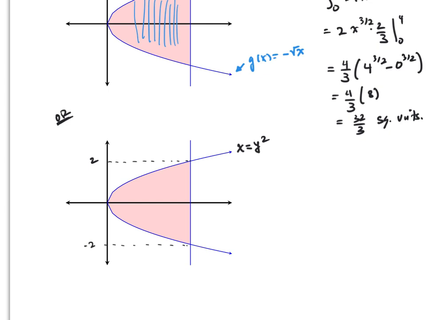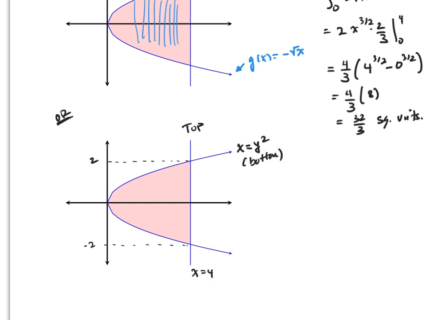And if you look at it this way, now you have two functions. This is the upper function, which will be x equals 4, and the other function is x equals y squared. So clearly, this is the top function, and this one will be the bottom.